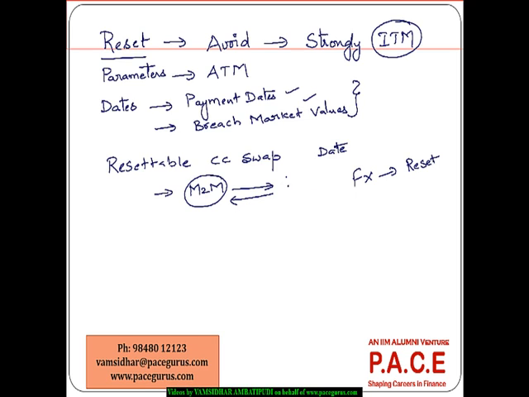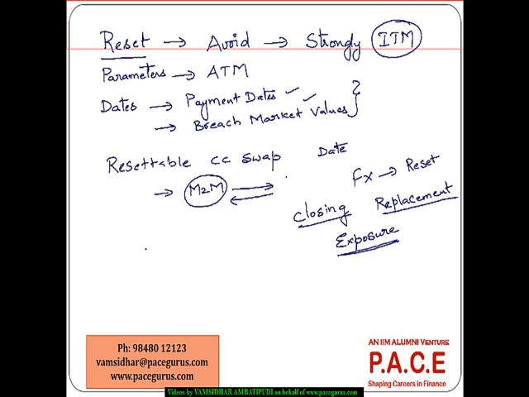It's as good as closing the existing transaction and creating a kind of replacement transaction. A new transaction is created with a new spot rate. Because of this, the exposure is completely coming down. So reset is nothing but closing an existing transaction and creating a new transaction with the current rates and prices.